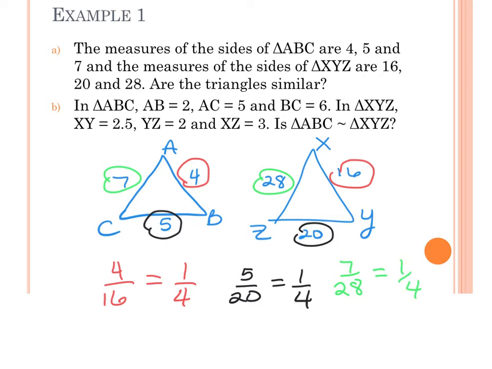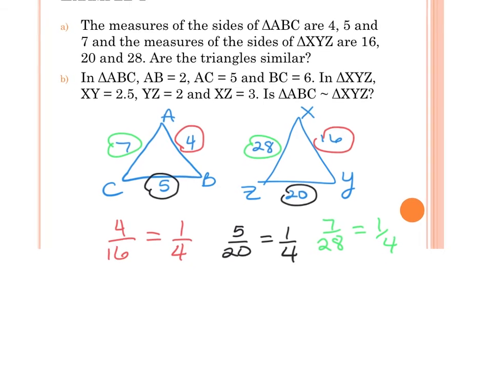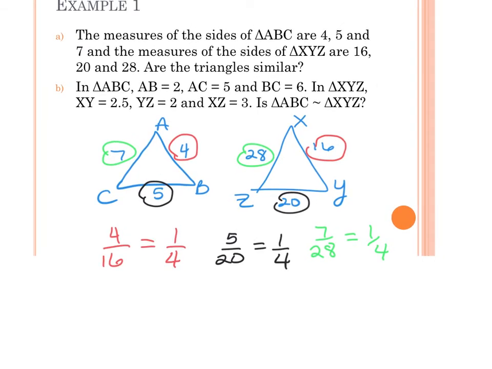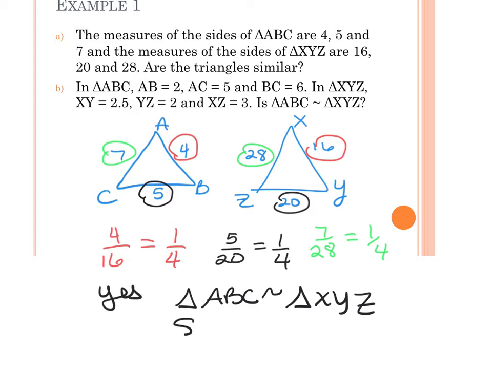So because all three sides are proportional and simplify to the same fraction, I can say that yes, triangle ABC is similar to triangle XYZ, and the reason is side, side, side.